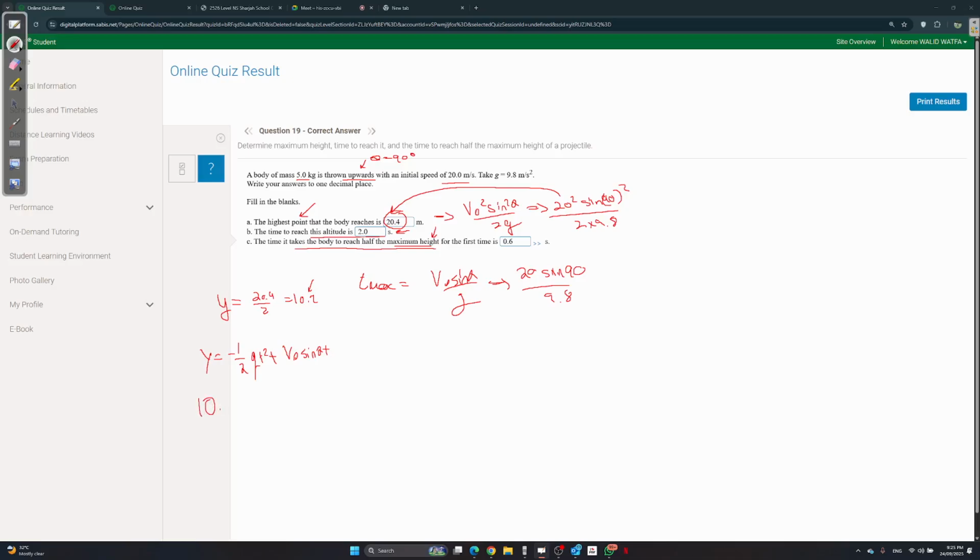So 10.2 equals minus 4.9 t squared. I hate keeping the g, so quickly I get rid of it. 9.8 divided by 2 is minus 4.9, plus v naught sine theta t. We want to find t, so it's a quadratic equation. So simple.